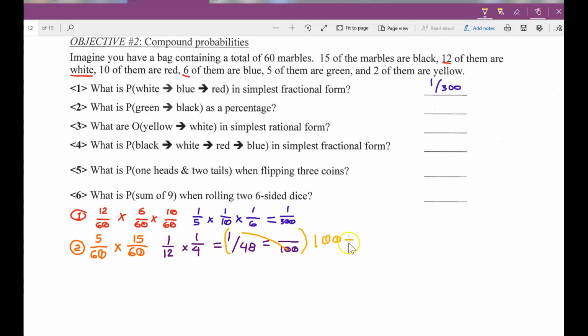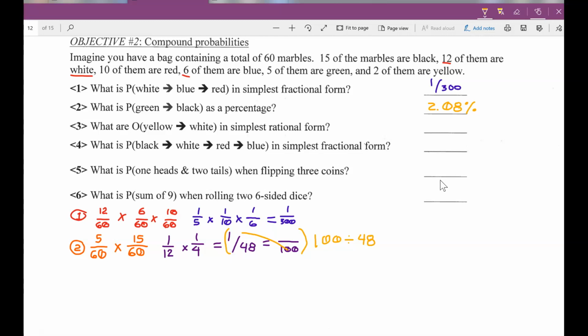And then we're going to divide by 48. 100 divided by 48 gives me 2.08%. If you want to use a calculator to do that calculation, by all means do so.